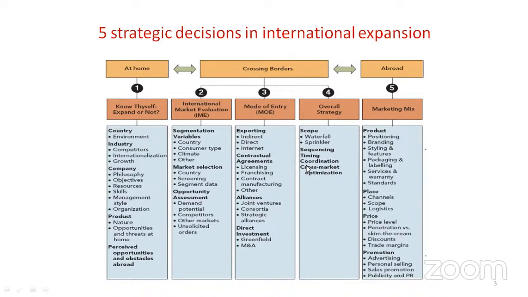Coming to the overall strategy: once he does the evaluation, selects the market and decides how to enter into foreign trade, that is international business, then he will have to lay down the overall strategy. That overall strategy covers the entire plan, like waterfall and sprinkler.